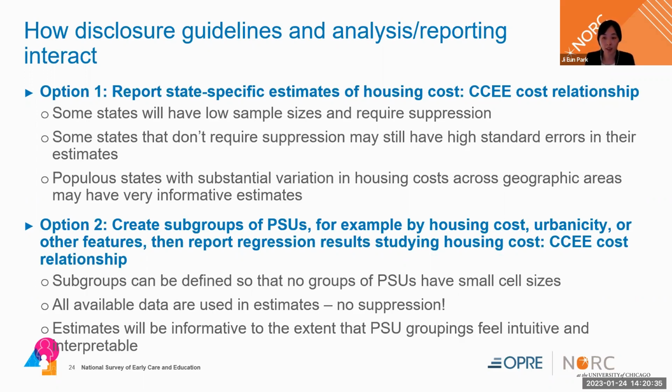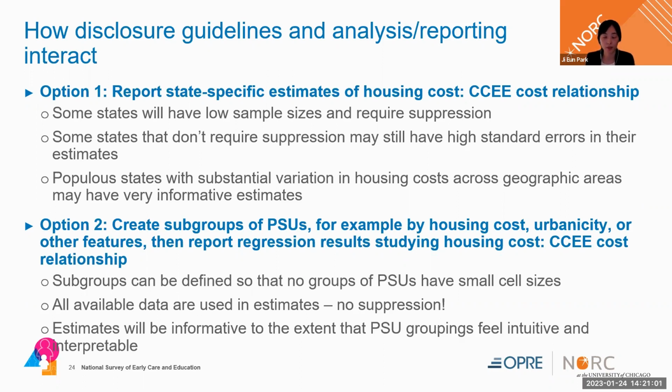On the other hand, you might have a different approach where you create subgroups of PSUs. So for example, by housing costs or urbanicity or other features, you might be able to group certain units together and create subgroups. It can be defined so that no groups of PSUs will have a small sample size that's going to impose high disclosure risk.